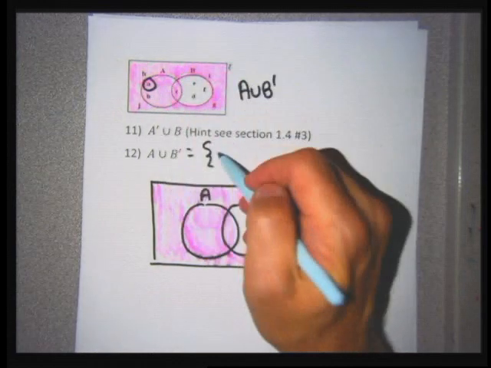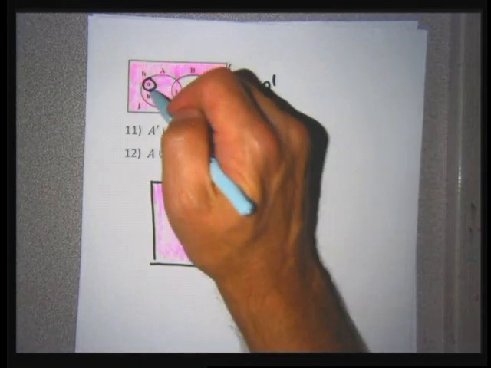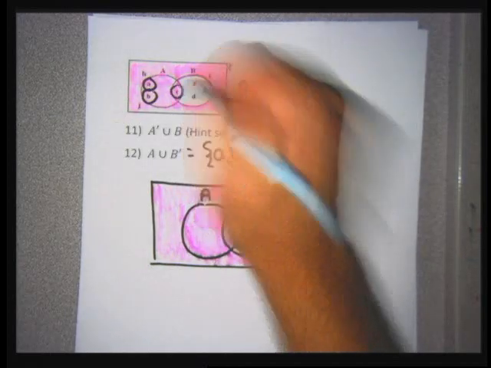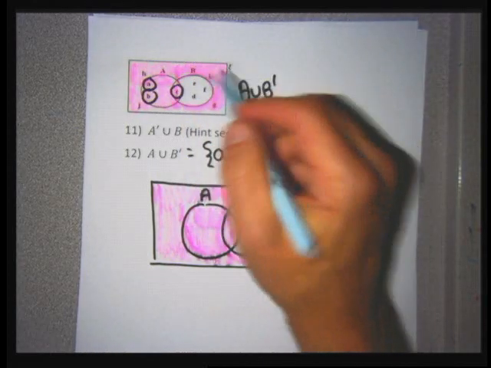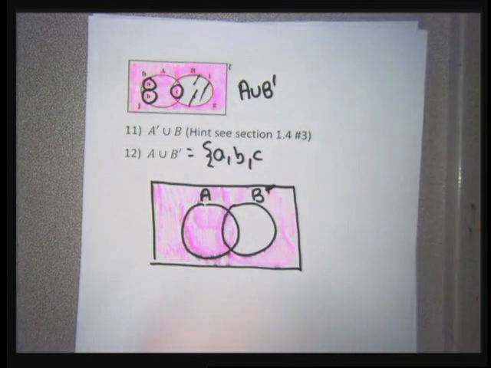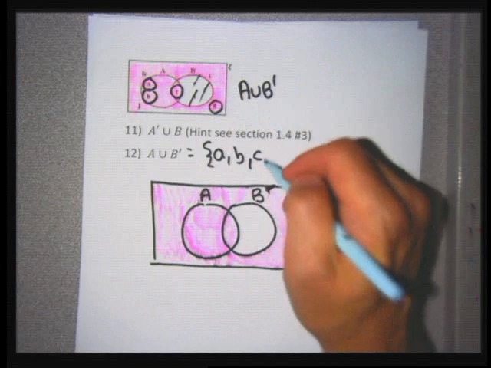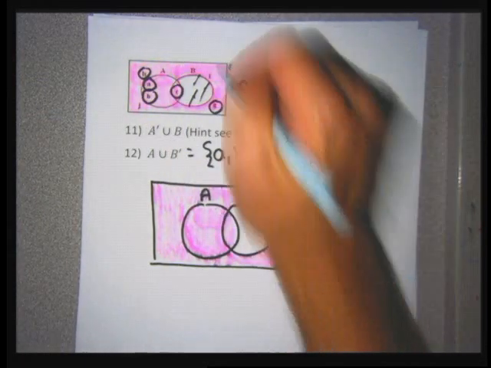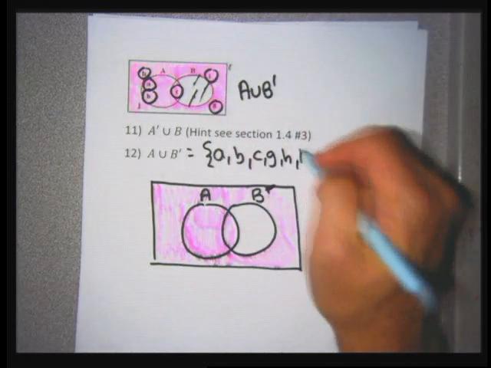So the answer for number 12, I'll go alphabetically. A needs to be part of my answer because it's shaded. B needs to be part of my answer, it's in a shaded region. C needs to be part of my answer, it's in a shaded region. D doesn't, E doesn't, nor does F. G needs to be part of my answer. H needs to be part of my answer. I needs to be part of my answer.